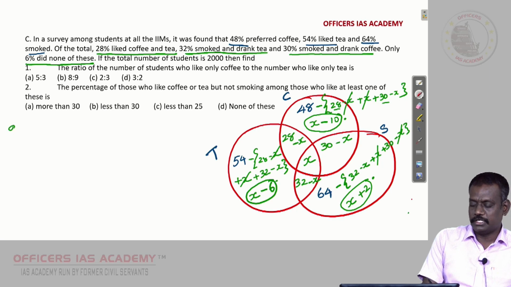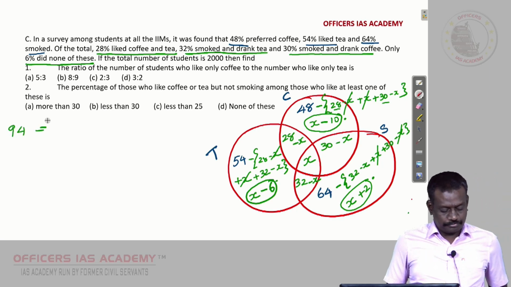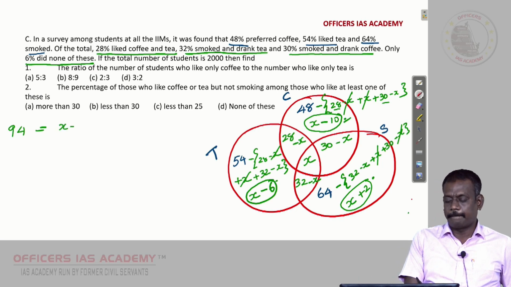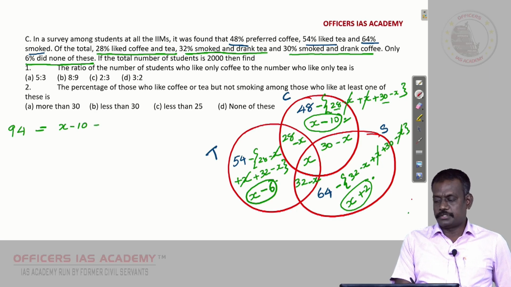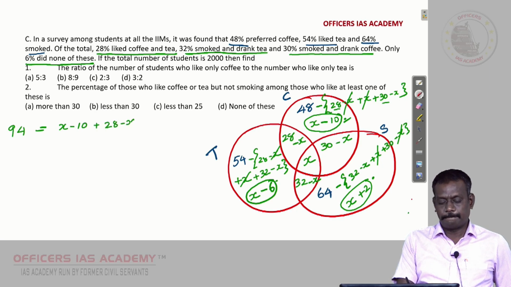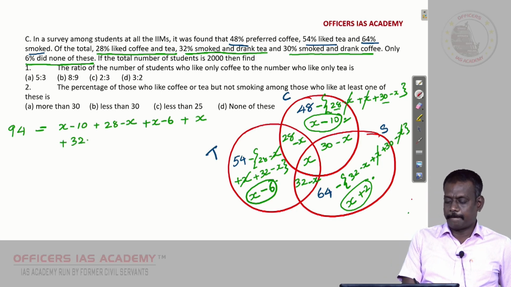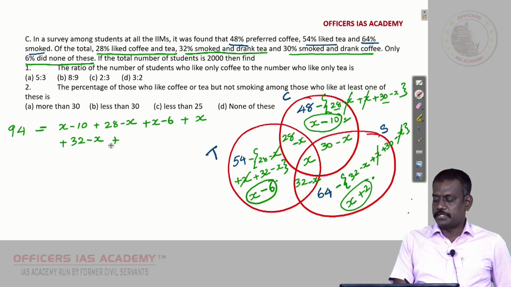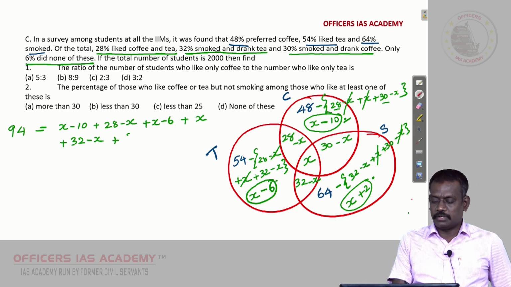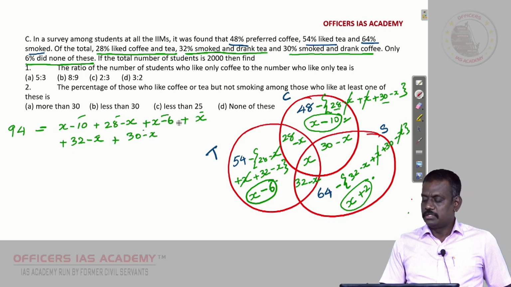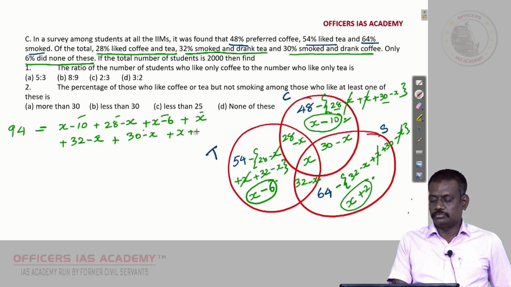So you can write this as 94 equal to, write one by one: x minus 10 plus 28 minus x plus x minus 6 plus x plus 32 minus x plus 30 minus x. See 1, 2, 3, 4, 5, 6, and finally it is x plus 2.